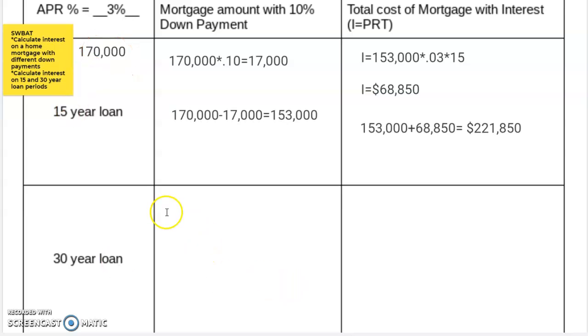So now we're going to go ahead and do a 30-year loan. So a little bit longer amount of time to be paying, but we're going to find our down payment the same way: $170,000 times our 10%. That's going to give us, again, our $17,000.